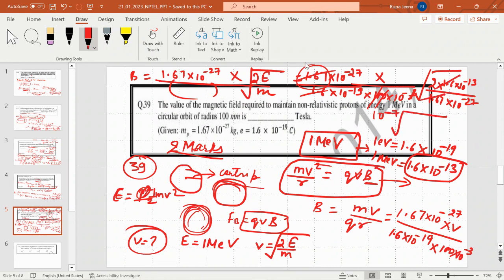Here also I am doing the same way, 2 into this will go above, this is 14. So it is 10 raised to the power 7. This will come out from the square root as 10 raised to the power 7 into root 2. So it is 1.44. I hope everyone got how this is coming, right?